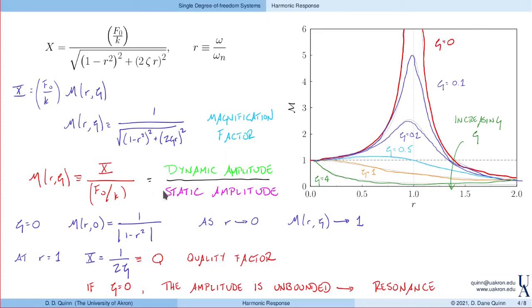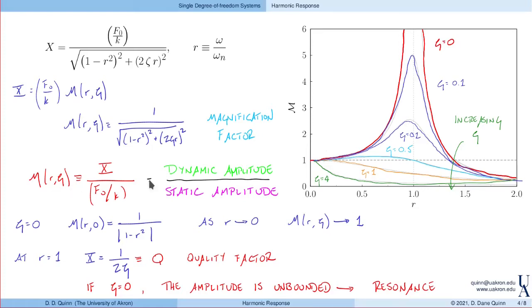So again, going back and interpreting these results, if m is greater than 1, then the response of your dynamic system is actually larger than the response of the corresponding static system. So that dynamic loading actually amplifies the maximum response of the system.